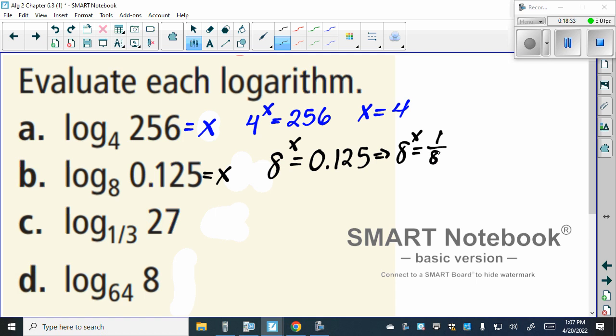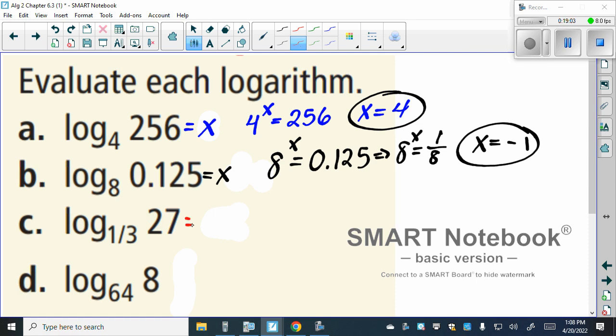Actually works out to be 1 over 8. So what would x be this time? X would be negative 1. Any questions on this so far before we look at C?